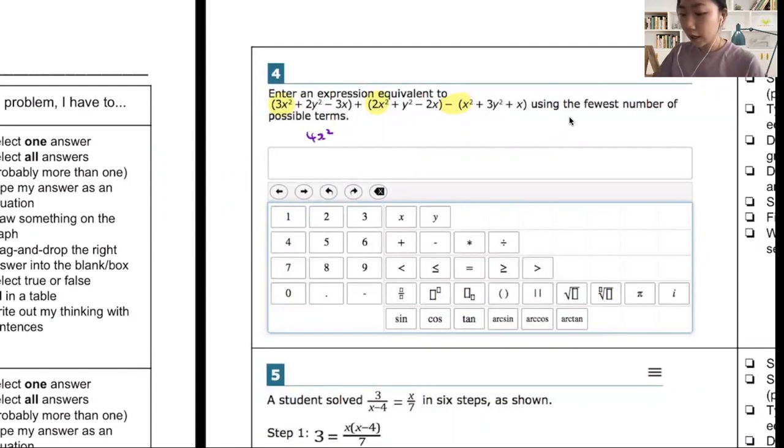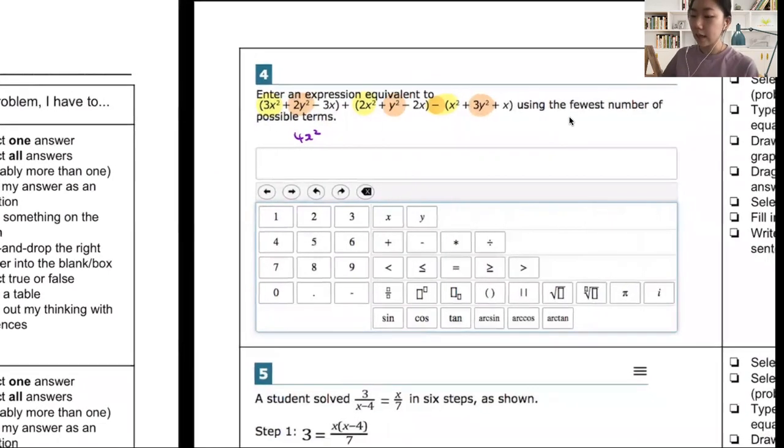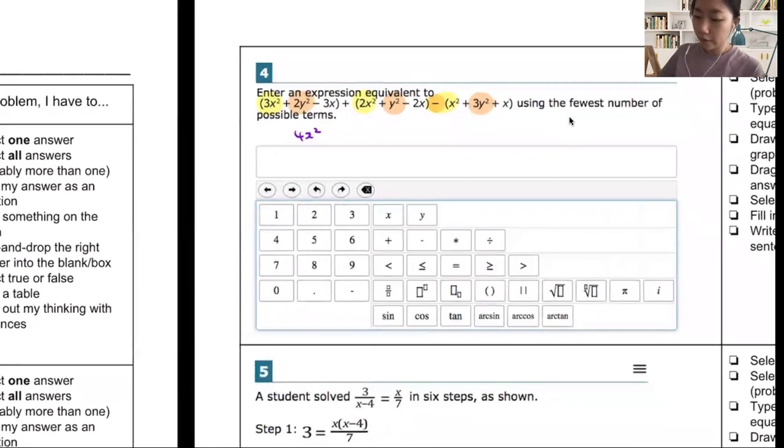Okay, let's check out the y's, right? For the y's, we have 2y squared plus y squared minus 3y, right? So we have 2 plus 1 equals 3. 3 minus 3 equals 0, so that just cancels out. So we're not going to write anything. The last part is the x, right? The 3x. So we have negative 3x plus negative 2x minus x, right?